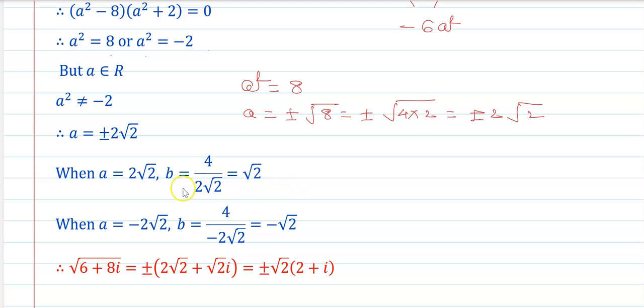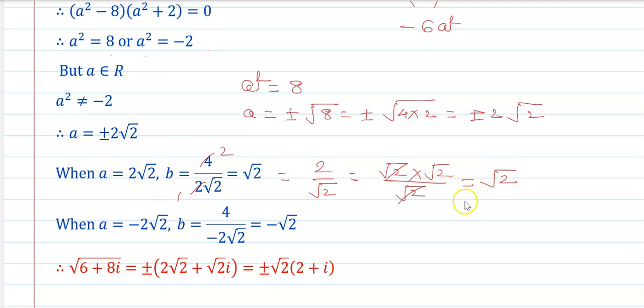Okay, now simplification: 2 ones and 2 twos are 4. Means what? You are getting 2 upon root 2. Again, this 2 can be written as root 2 into root 2 upon root 2. One root 2 gets cancelled, and you are getting root 2. The value of b is root 2.